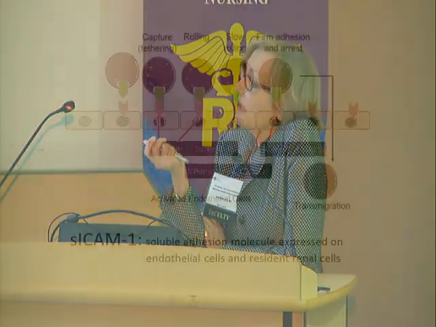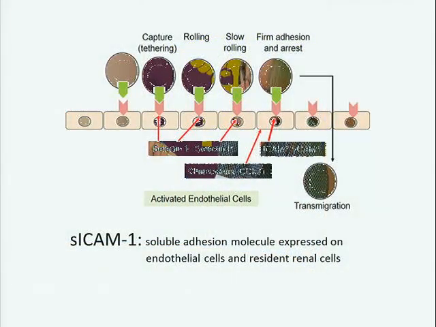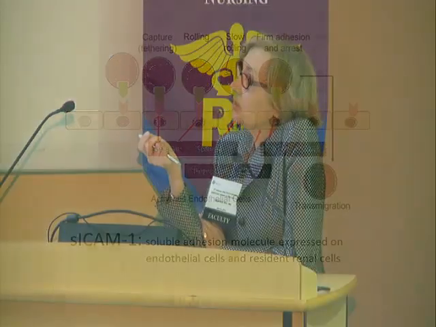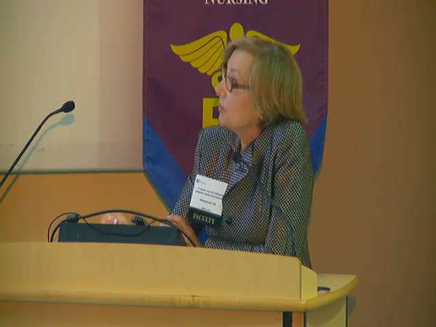And let's try to understand it in relation to what ICAM does. ICAM is expressed on endothelial cells and also on resident renal cells. Once activated, it will lead to a firm adhesion of white blood cells to the endothelium and their transmigration and infiltration in the subendothelial or interstitial tissue.